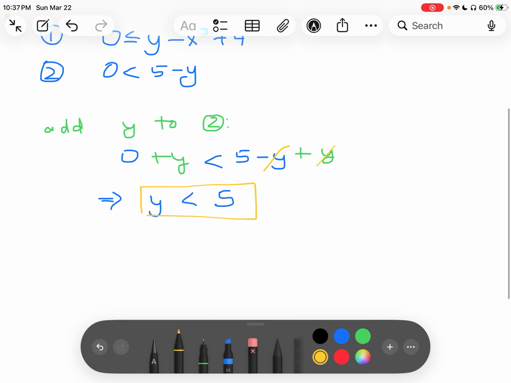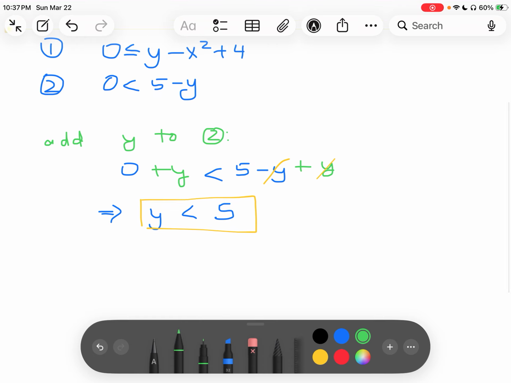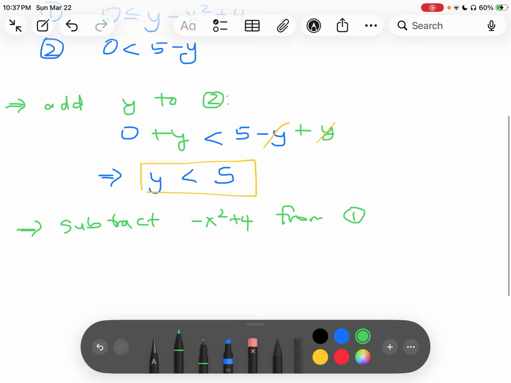But before I do that, I'm going to rearrange number 1 first. Okay. So first I'm going to subtract minus x squared plus 4 from number 1. So let's start with 1.